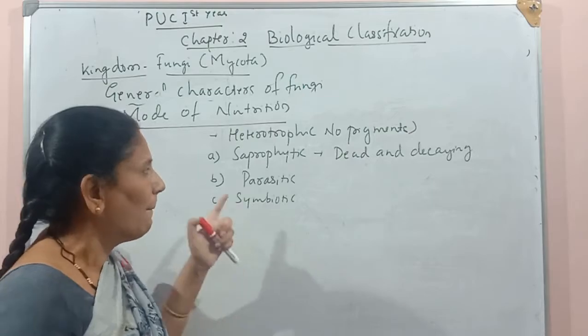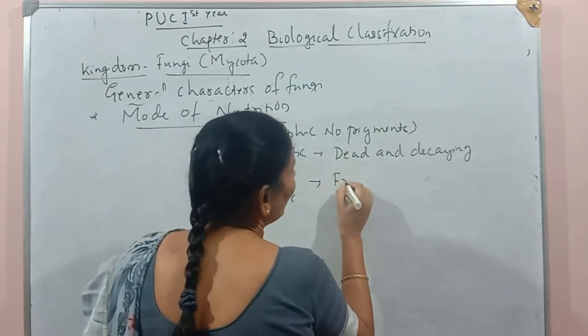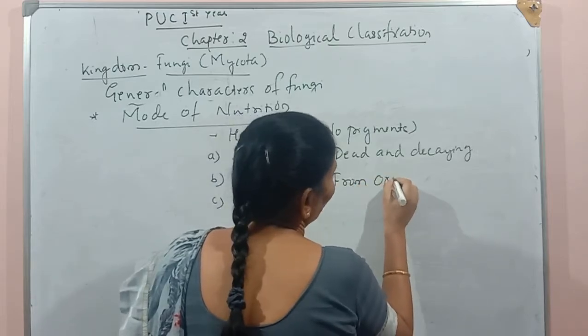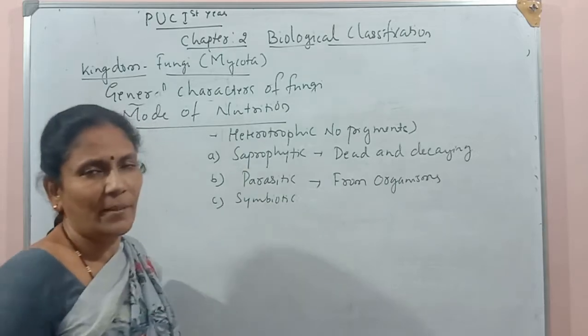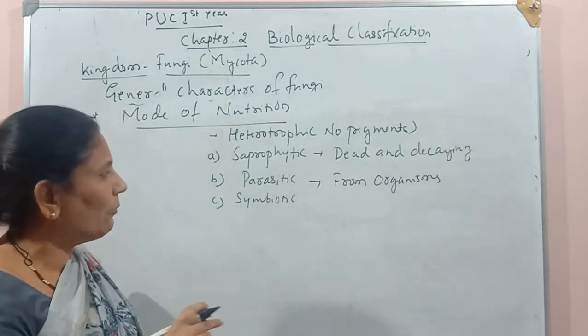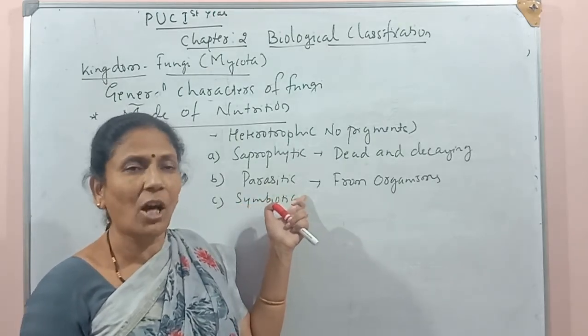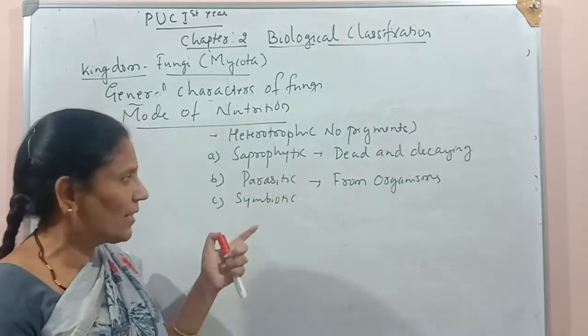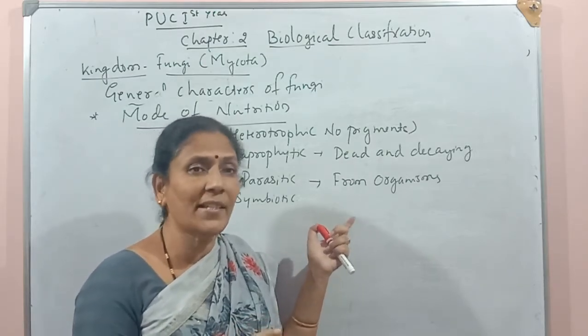Parasitic are those which get their food from living organisms. Here we may add one more thing. Some parasitic fungi are pathogenic also. Means they not only get their food, but they also cause a disease to the host.